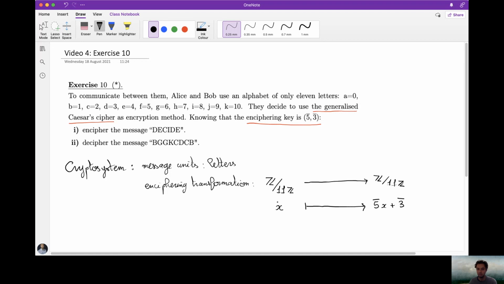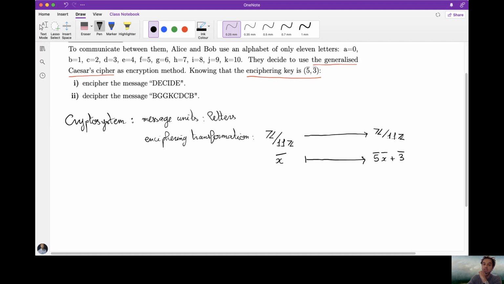Let's put bars everywhere to insist on the fact that these are numbers modulo 11. This is the only thing we need to answer the first question, which is how to encipher the message decide.